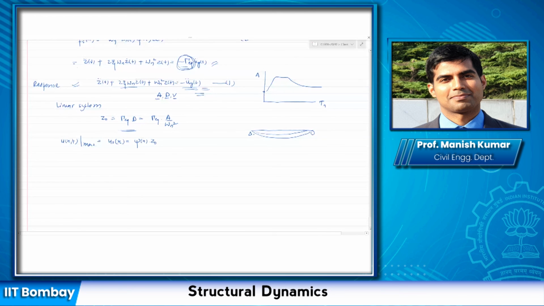This is the peak response of Z. If I multiply this Z naught with phi of x, which basically represents the shape of this, I can find at any point the total peak deformation as phi of x times that Z naught. So at each and every location, I can now find what the peak displacement would be.